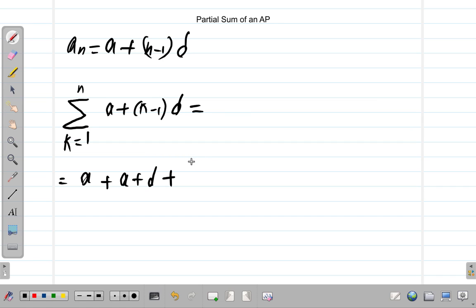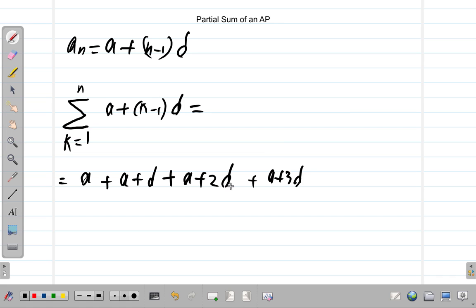and then we have the next term. Remember, when k is 1, it's a plus 1 minus 1d, which is 0d. Then a plus 2 minus 1d, which is a plus 1d. Then a plus 3 minus 1d, which is a plus 2d, right? Plus a plus 3d, right?